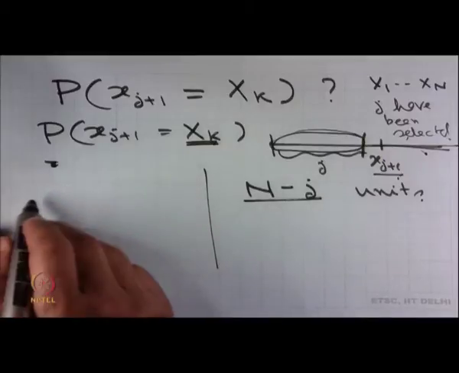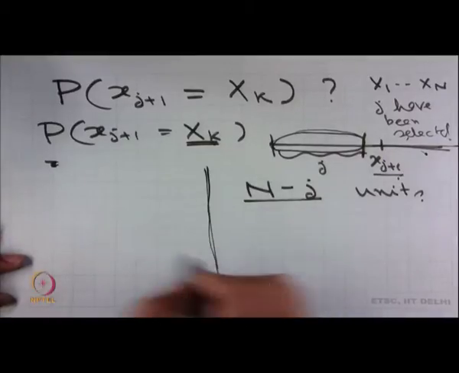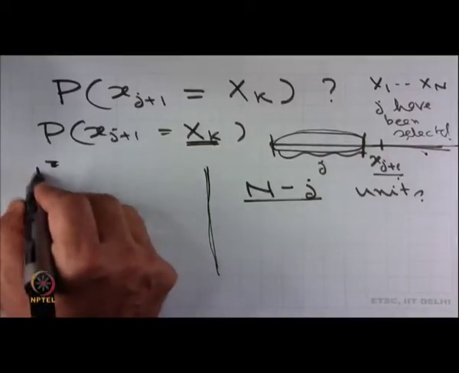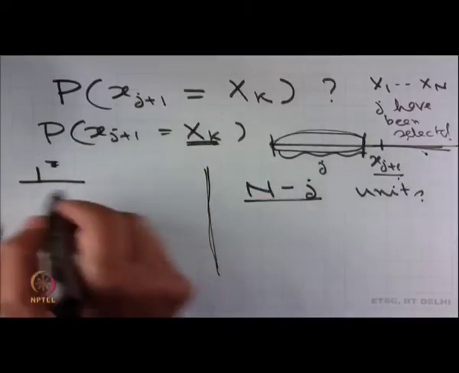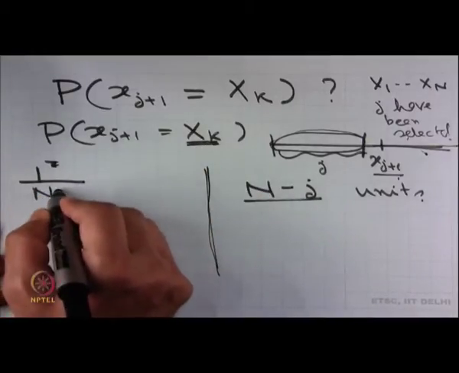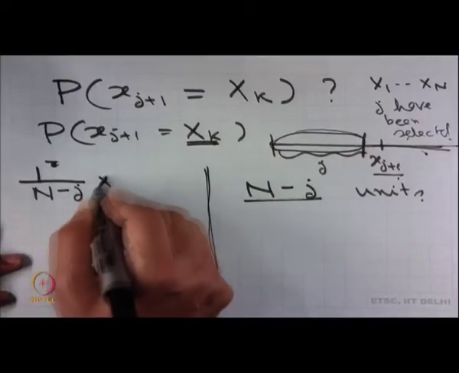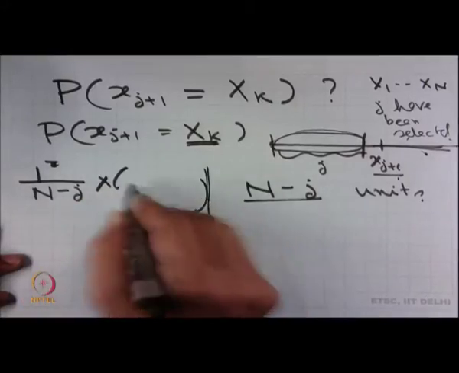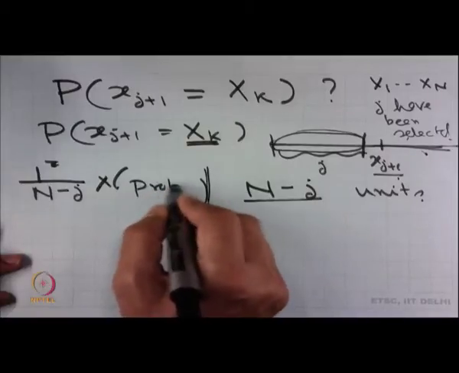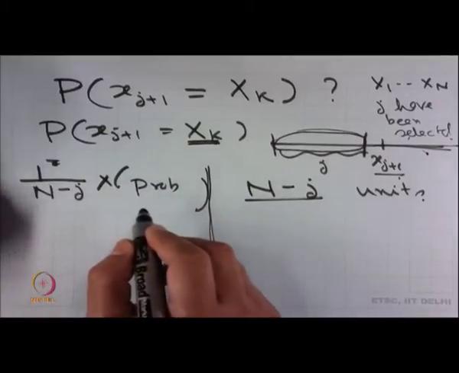So, that is of equal probability. Therefore, probability of selecting x k as that one is 1 upon n minus j multiplied by the probability that it has not been chosen at all, right.